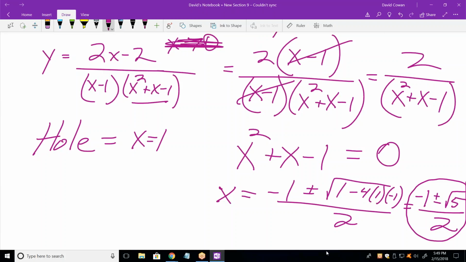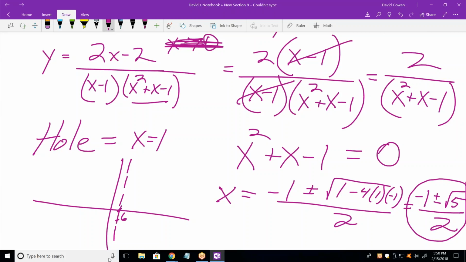In other words, if I'm graphing this, that would be negative 1 plus, what's the square root of 5? About 2.2. So that would be 1.2 divided by 2. So one of these answers is 0.6. That's a vertical asymptote.